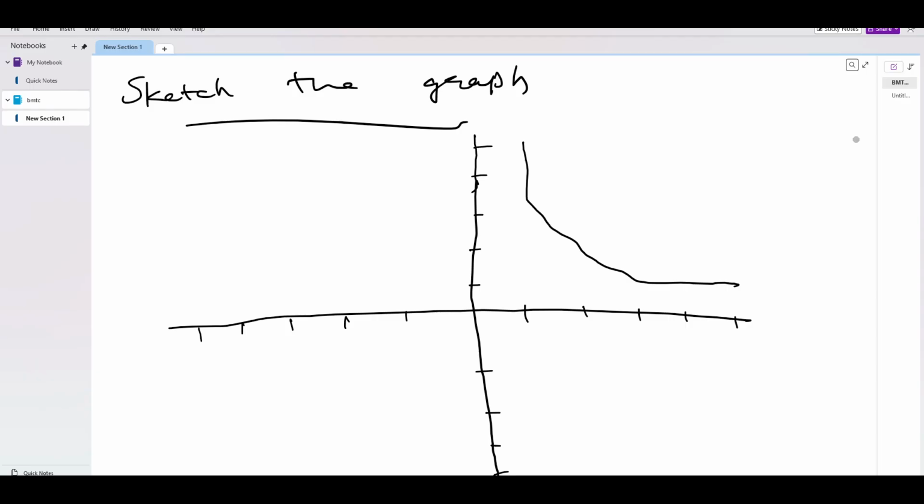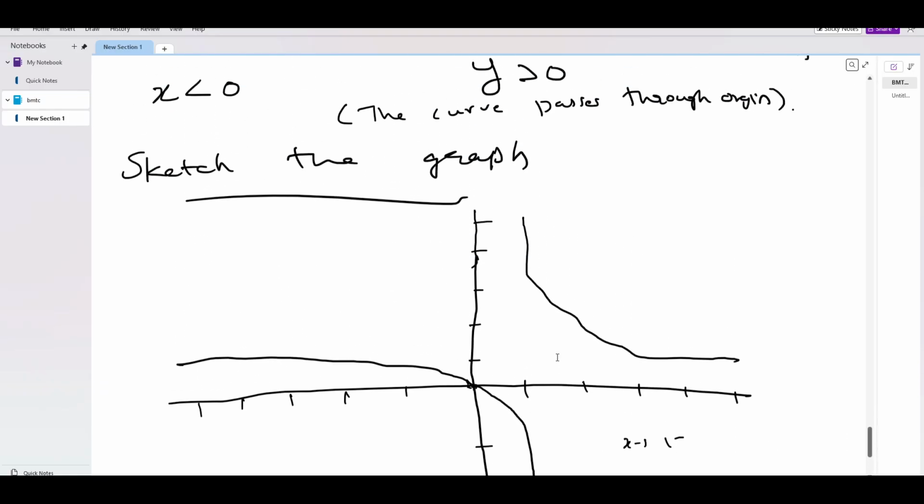Also from the other side, it reaches minus infinity as x reaches 1, and it is also trying to reach 1 as x tends to minus infinity. So the graph is like this. So we have covered this question.